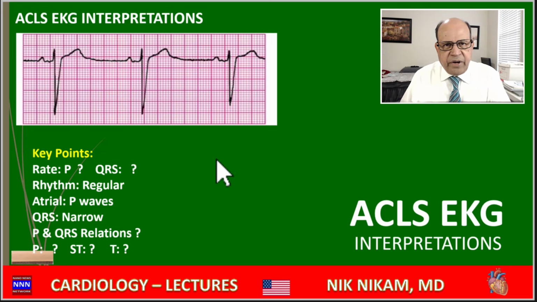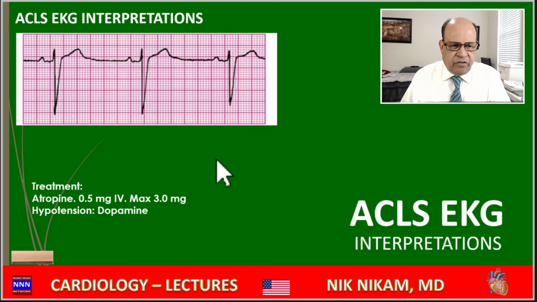The treatment of bradycardia depends upon whether the patient has symptoms or not. If this were a symptomatic bradycardia, it can be treated with atropine 0.5 milligrams bolus, repeated up to 3 milligrams of total atropine.